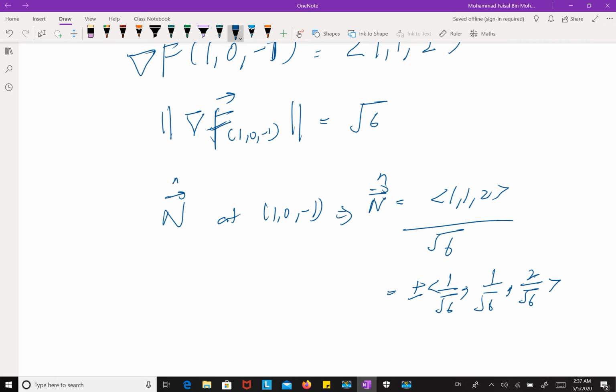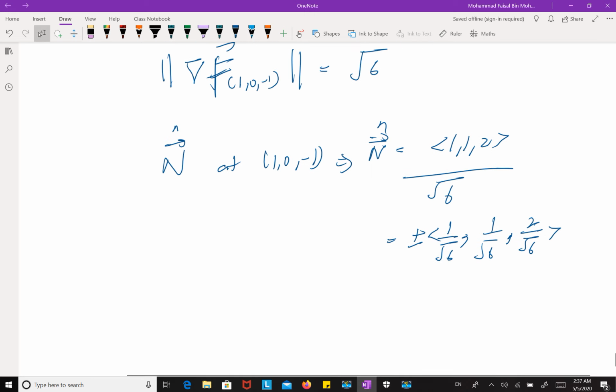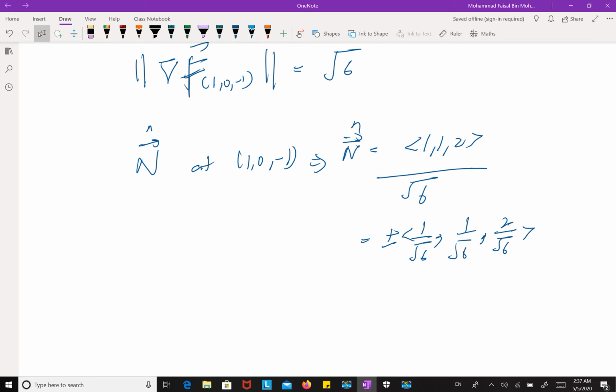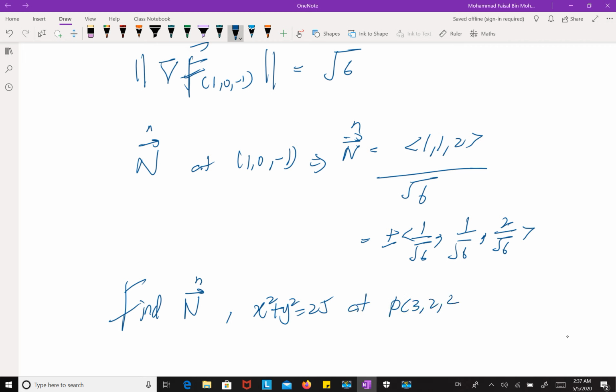So tutorial 8. Example 8 is taken from your tutorial, question 14 number 2. Find the unit normal vector to the cylinder x^2 plus y^2 equals 25 at P equals (3, 2, 4).